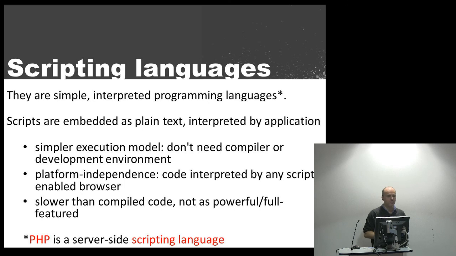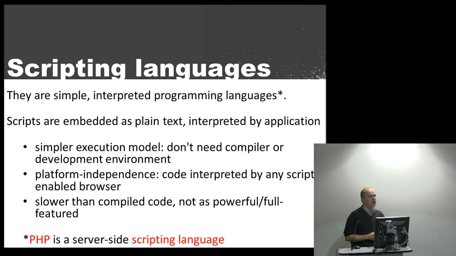It's much slower. And also, you don't have all possible functionality in a scripted language. Usually, scripted languages are very focused towards one type of application. Okay. Whereas compiled languages usually can be used for anything. Some are better suited for certain tasks or others, but in principle, whatever the task, a compiled language will be able to manage it.